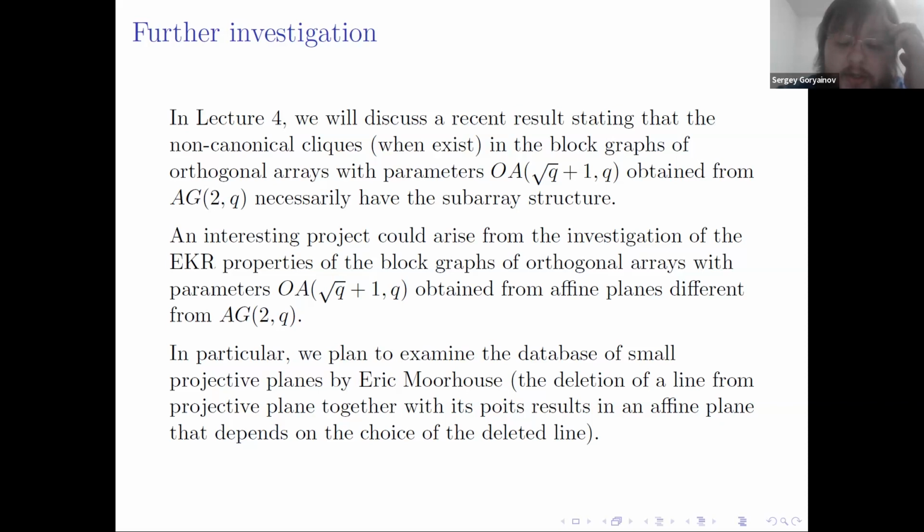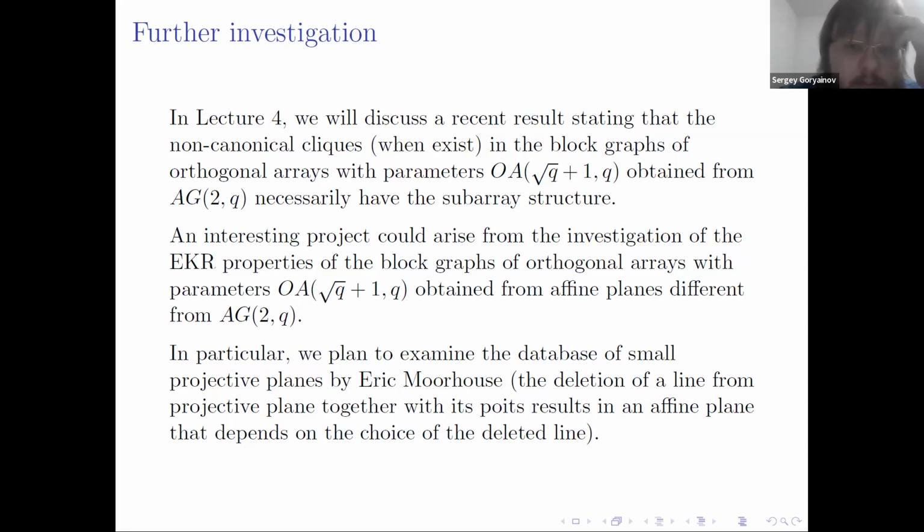So this does not solve the question by Godsil and Meagher in the negative, it just says that a counterexample does not arise from the affine plane AG(2, q) and from the corresponding orthogonal arrays.